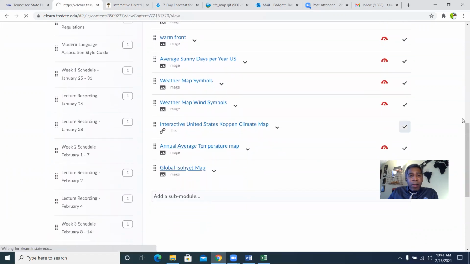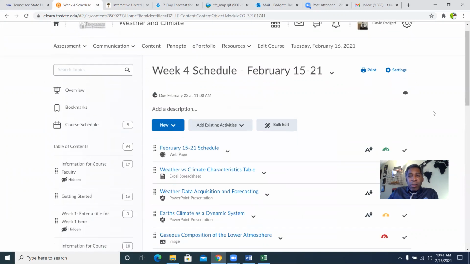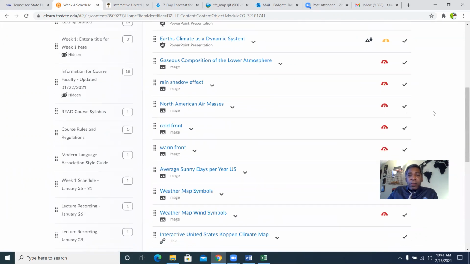We also have an isohyets map. And so isohyets connect points of equal precipitation. And that's a global map.